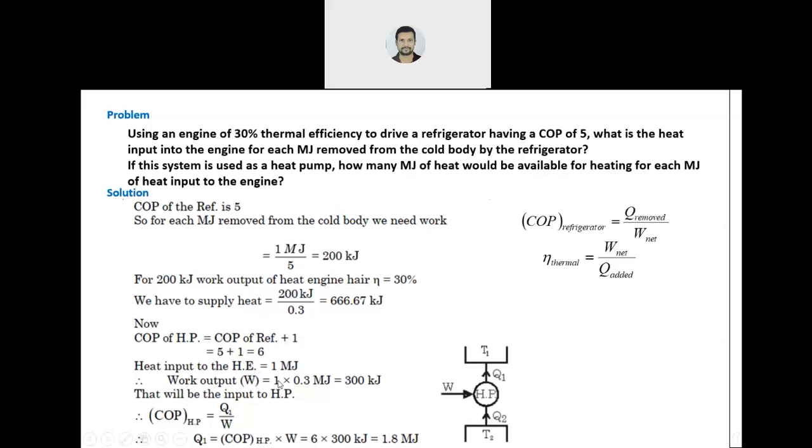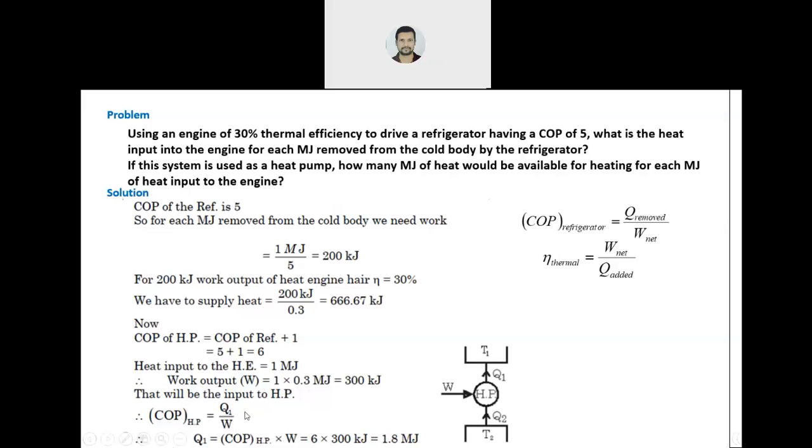That's the formula of efficiency. You can see here. Okay, so from here you will get W net in the case of heat pump. Next, COP of heat pump. Formula is Q1 by W, means Q added by W.